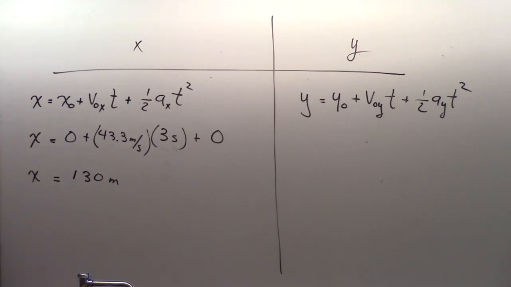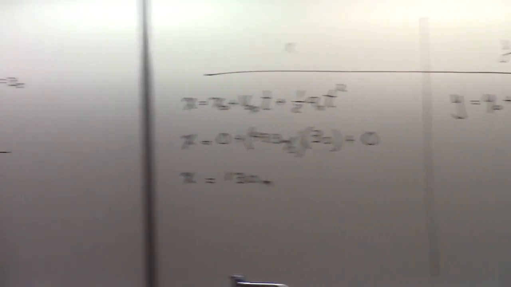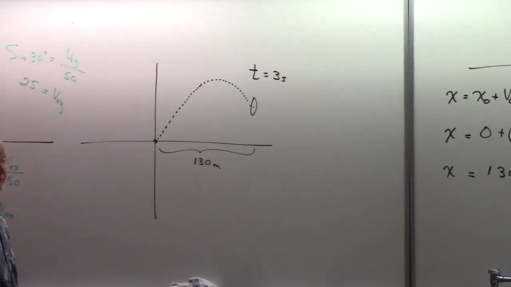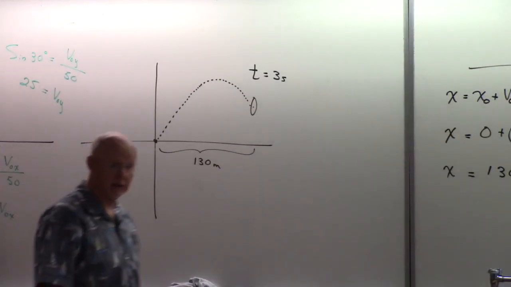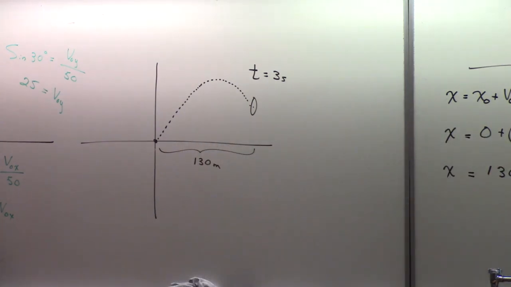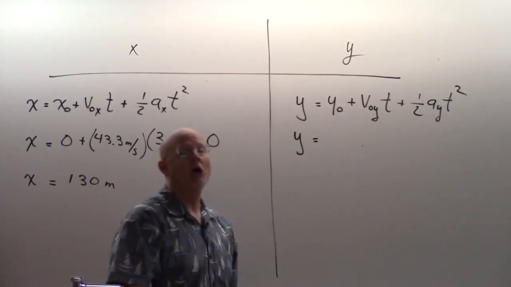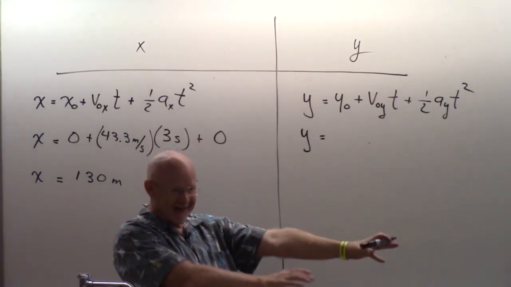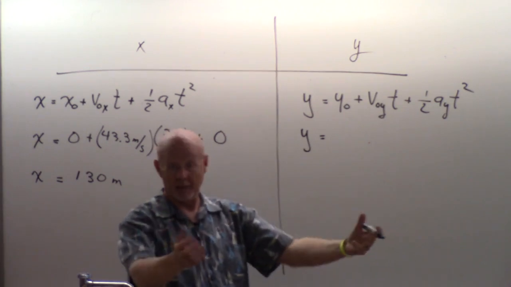So this target is downrange 130 meters. That's the x part of it. Well, let's jump over to the y. This is what I mean by you're going to do one dimension twice. We have to do the same thinking, but now for the y motion.